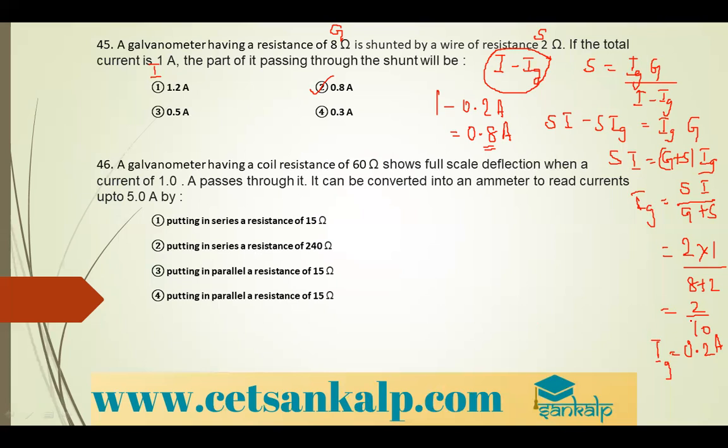Right. Next, a galvanometer having a coil resistance of 60 ohms, so G is 60, shows full scale deflection when a current of 1 ampere, this is IG, passes through it.